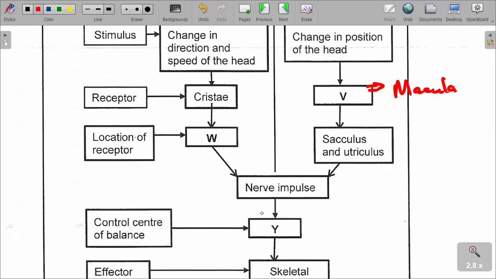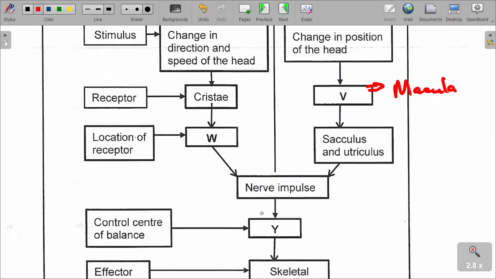The maculae are sensory receptors located within the utricle and the saccule that detect linear acceleration and changes in the position of the head relative to what? To gravity.